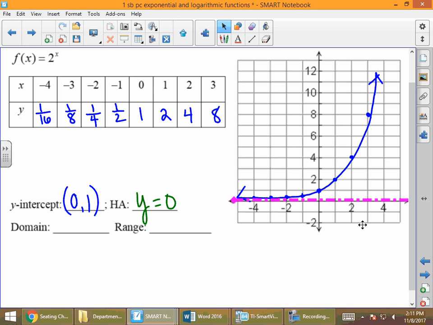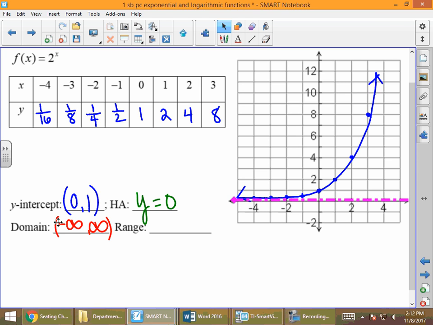Our domain on this problem, typically what happens, if we can pick negative numbers and we can pick positive numbers and we can pick 0, our domain is all reals. But if you did the last Math Excel assignment, you might have been able to come up with the fact that the range and the horizontal asymptote are linked.